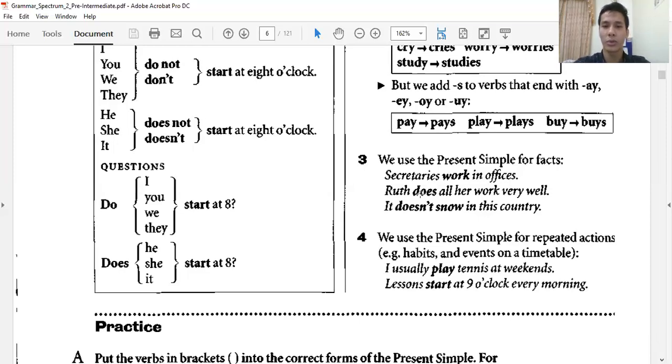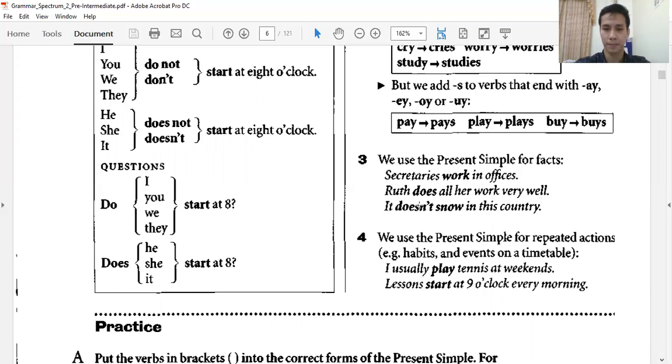Next one, Ruth does all her work very well. We see this person, he or she does his or her job very well, and then we say, okay, Ruth does all her work very well.